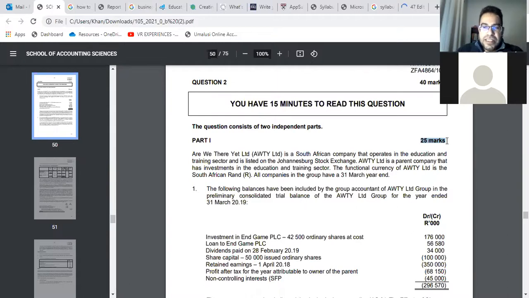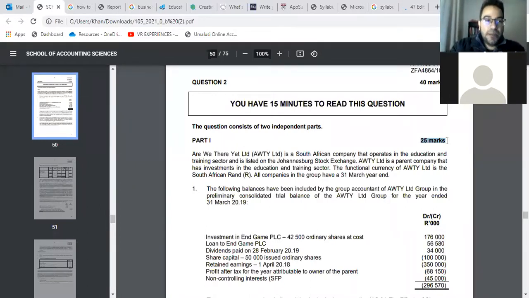So here they're giving us debit or credit in Rand, in ZAR. Now in dealing with foreign currency, it's very important to identify what currency the amount is in. So the trial balance is in ZAR. They say the following, okay, we read that. So, investment in Endgame PLC. When you see PLC, you already know it's probably going to be foreign.